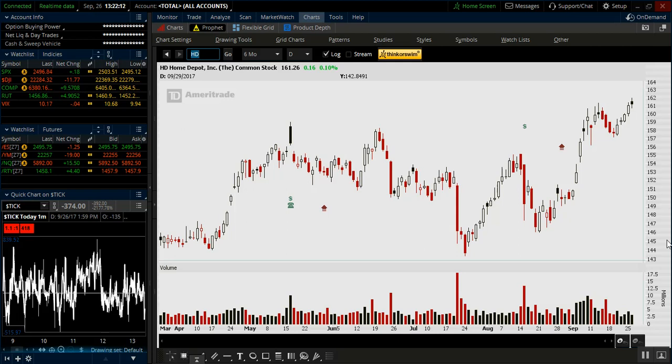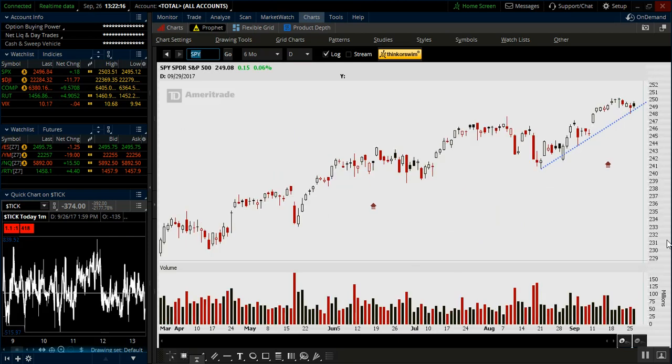So you can use this same approach on different markets. You can use it on individual stocks, ETFs. If you're using options, just be aware of the expiration dates of those options and the time decay that's going to occur.